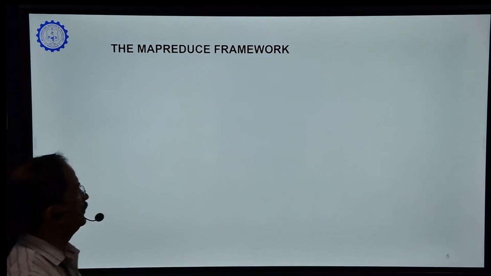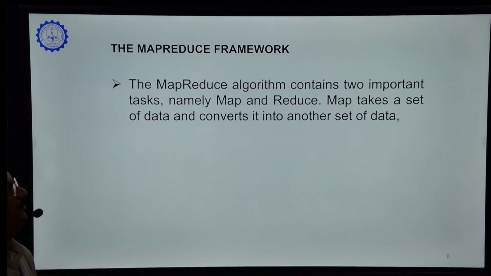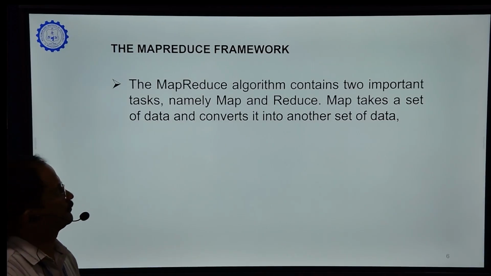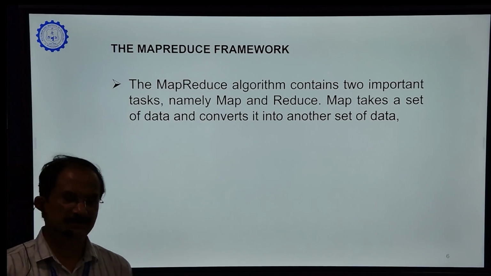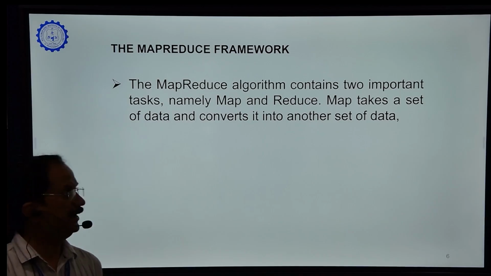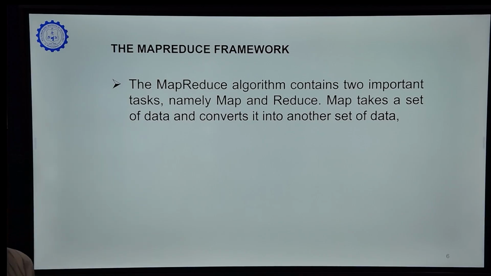The next one is the MapReduce framework. Its algorithm contains two important tasks. One is map and the second one is reduce. So the map task and the reduce task.